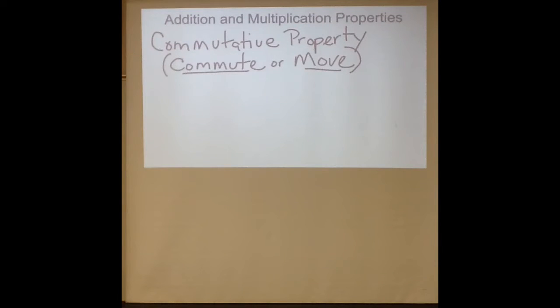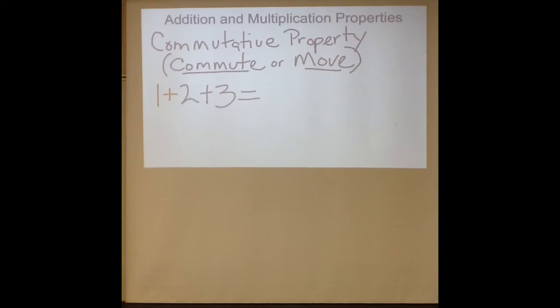Now, let's try to do an addition property. Let's just say 1 plus 2 plus 3 equals. Now if we use commutative property, what we can do is move the numbers.